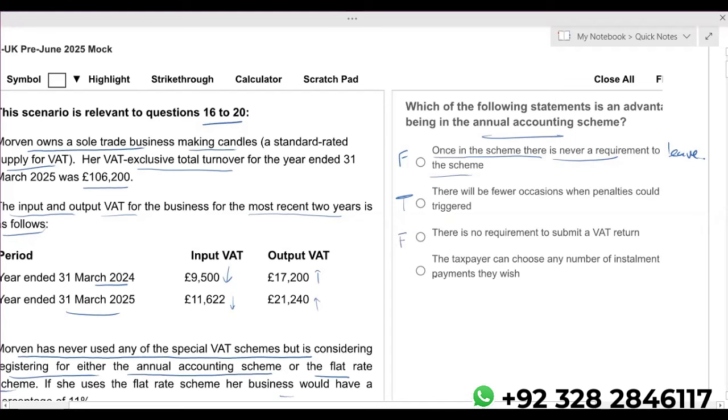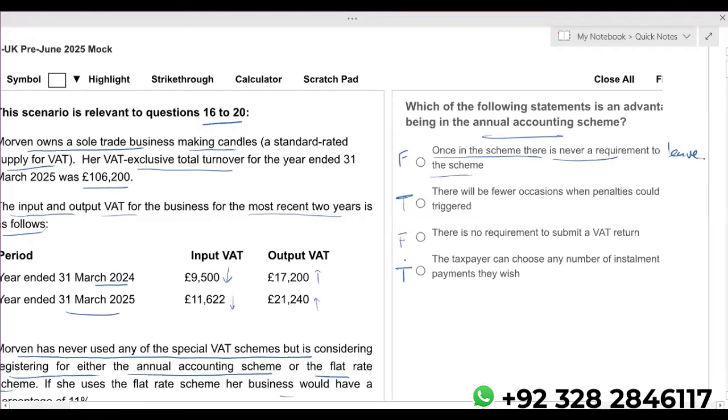Taxpayer can choose any number of installment payments they wish. Actually, there's a requirement. You have to follow that. That is 9 monthly payments. Basically, you have to make payments in advance, and those payments start from the fourth month. So you'll be making 9 installments.